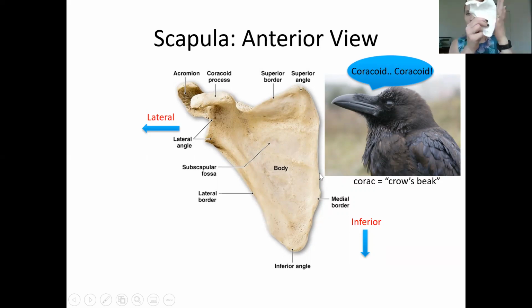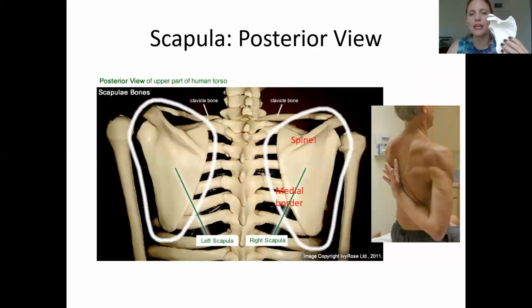And this part right here that's more vertical, that is going to be the medial border. Looking at this picture here, here is the medial border. That's your shoulder blade. And looking at this guy right here, there would be the medial border of the scapula. The more vertical edge is the medial border, and the more angular one is the lateral border.